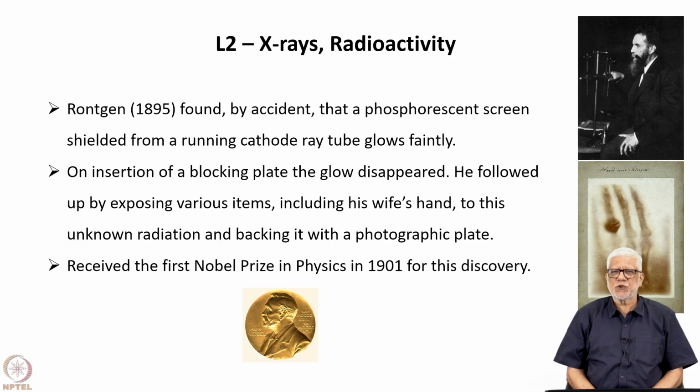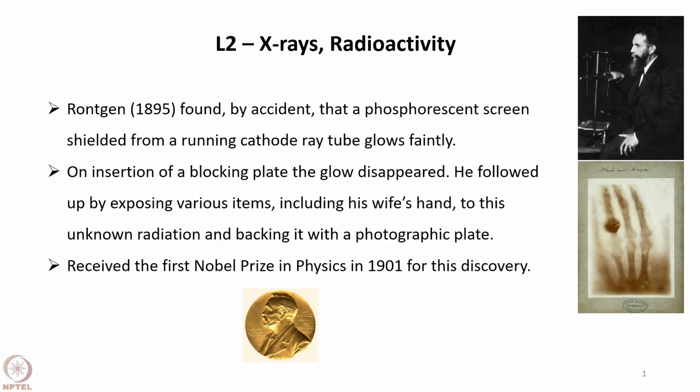He exposed it to this unknown radiation, unknown at that time, and backed it up with a photographic plate. And so on the right hand side below the photograph of Rontgen, you will see the first published X-ray picture of his wife's hand, which has a ring on one of the fingers.